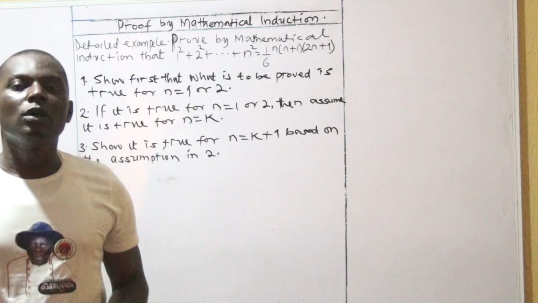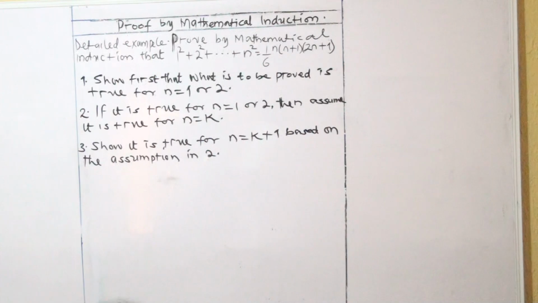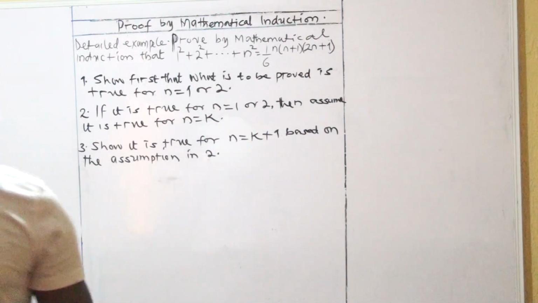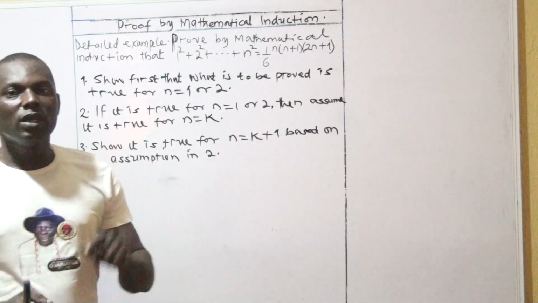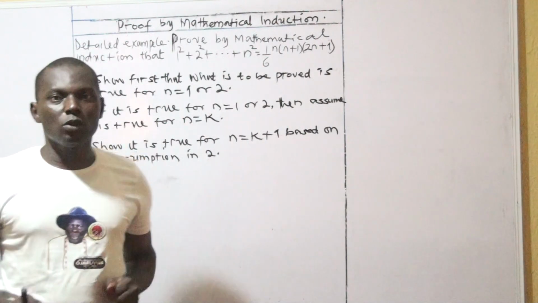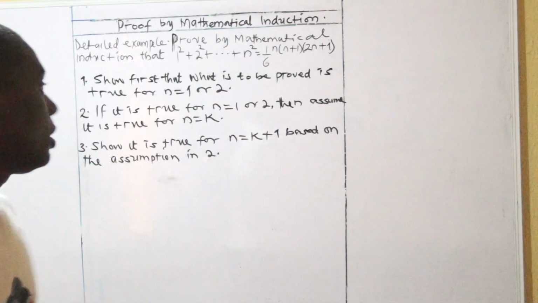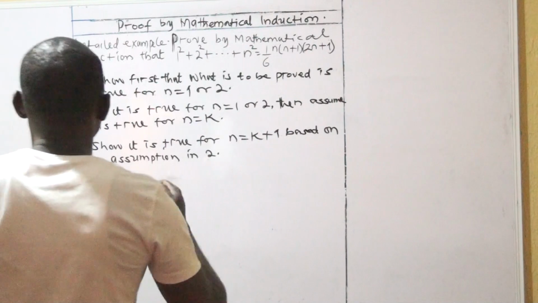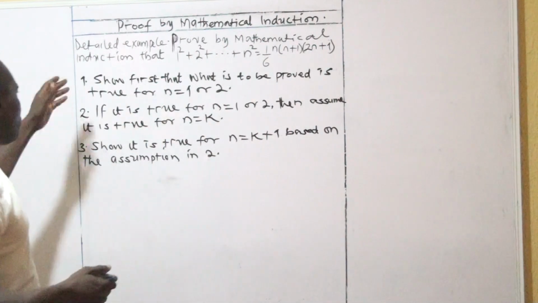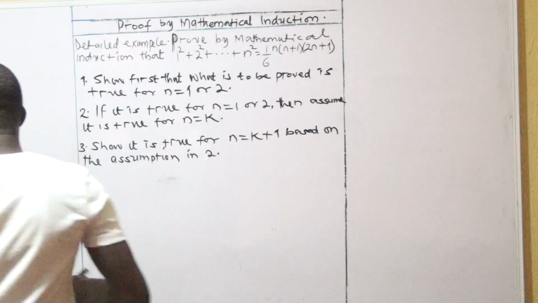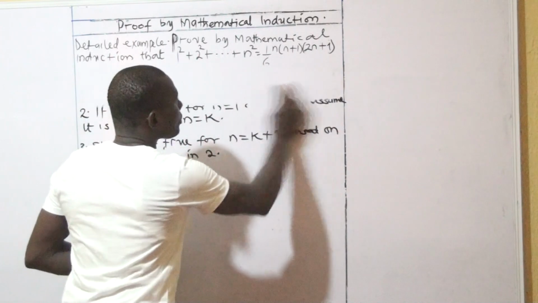Then, thirdly, you have to show that it is also true for n equals k plus 1. Those are the three things that you must do in proof by mathematical induction. So I just specify the procedure here. Then let's now go into the operation.